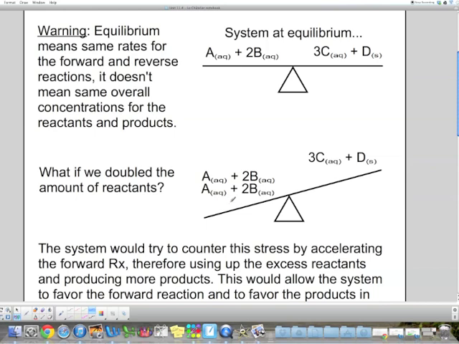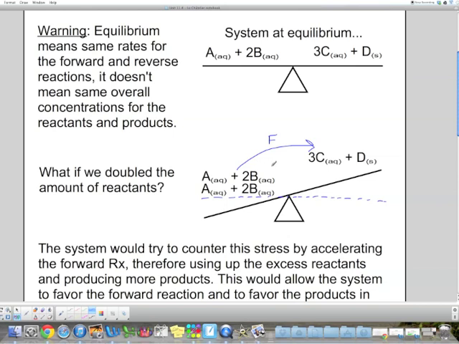So now the system will want to fight back. It wants to regain equilibrium. In order to regain equilibrium, it needs to get rid of some of this. So it will favor the forward reaction. The forward reaction will accelerate in order to get rid of some of this and put this even again at equilibrium.